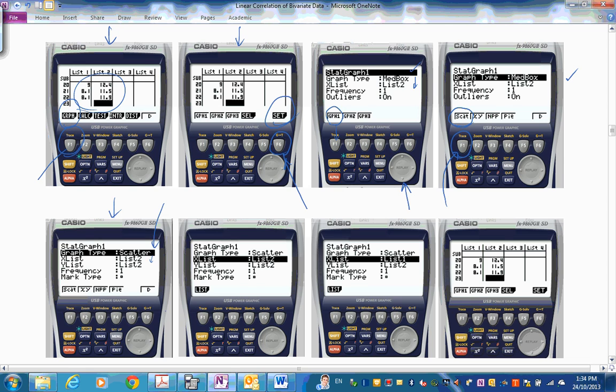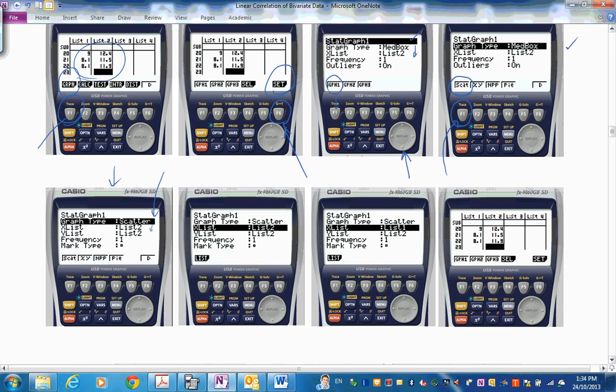So I'll come down here a little bit, where we need to scroll down to that first X list, list 2, with that button. When it's highlighted, you'll see we want to change the list. I put highway motoring in list 1, and that's our independent variable.